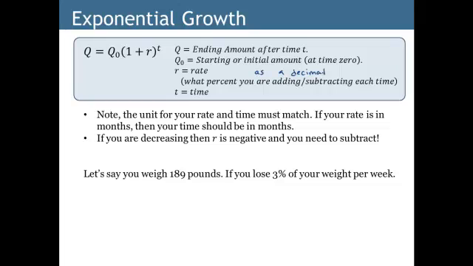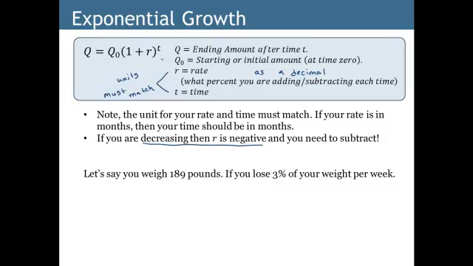We always turn percents into decimals when we do arithmetic. And then this is a power up here, a t power. Just like with linear, your units must match here. If you're decreasing, your R value is negative, so up in the formula, it's actually going to be a 1 minus R.